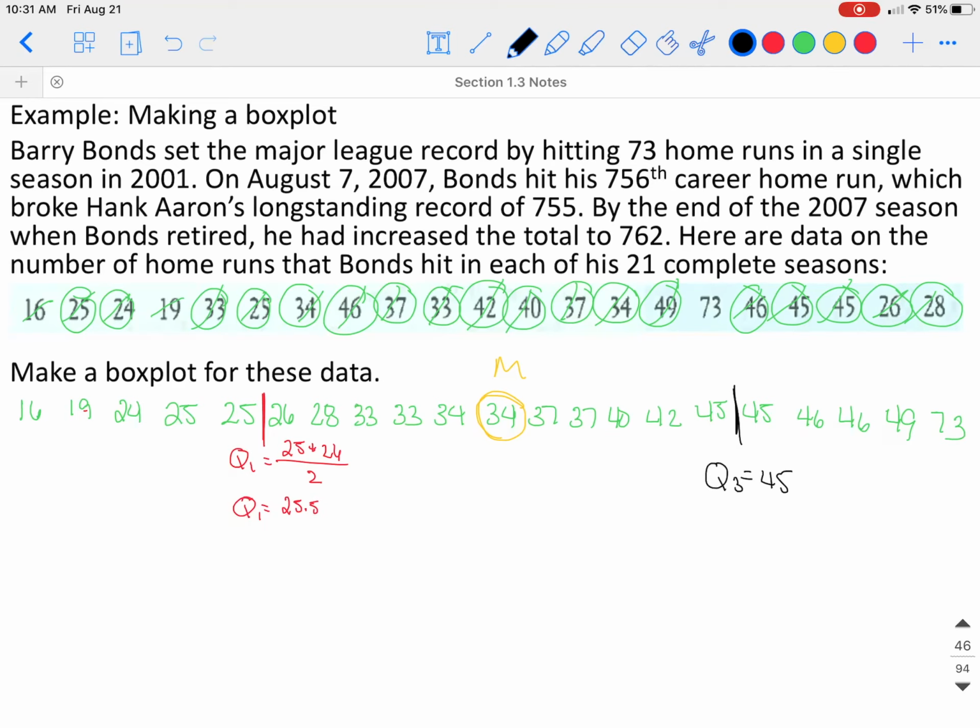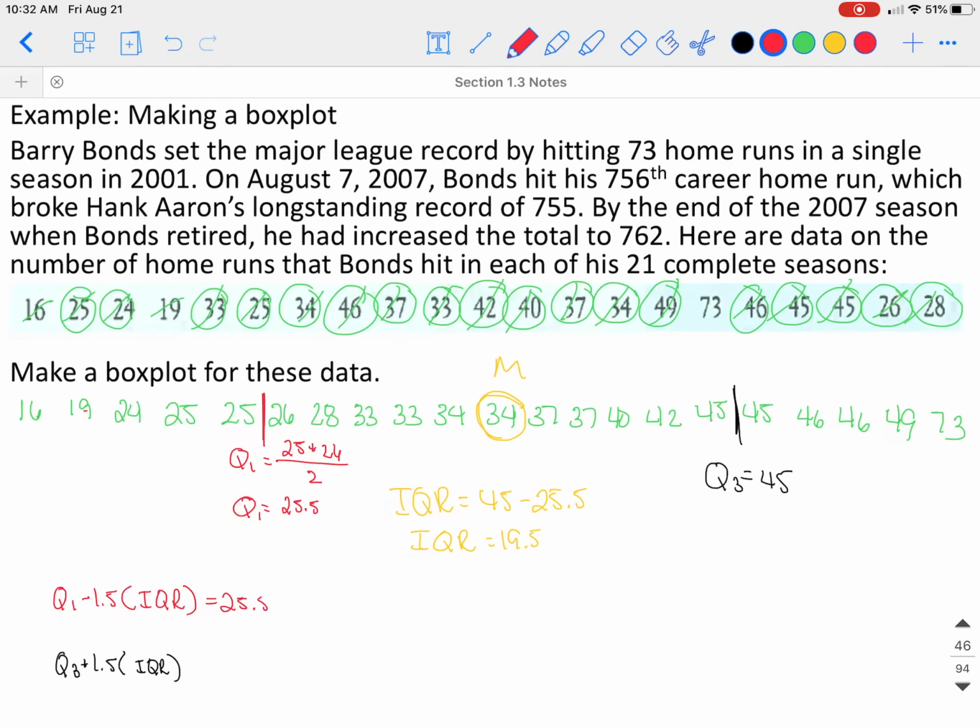To make our box plot, we need to determine if there are any outliers. So we still need to do our IQR. Then we need to see if there are any outliers. So you are going to do Q1 minus 1.5 times the IQR, and you are going to do Q3 plus 1.5 times the IQR.